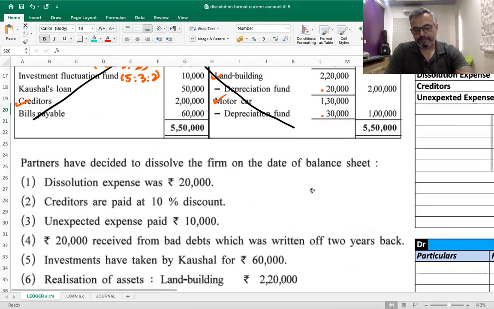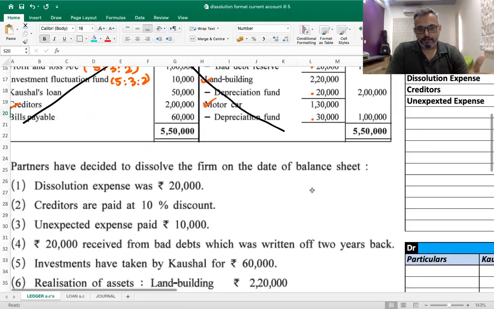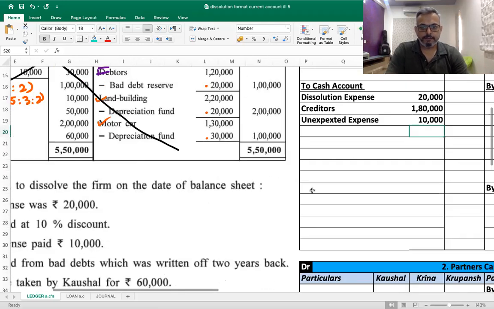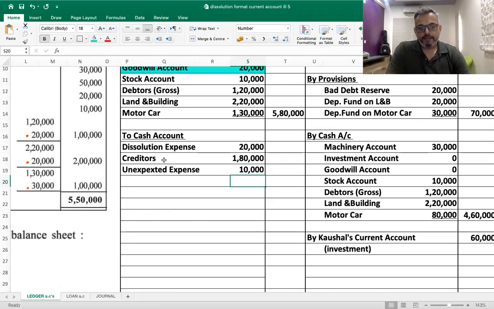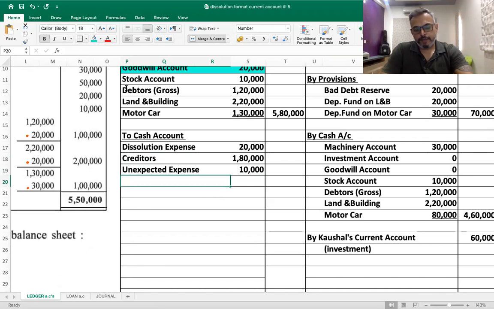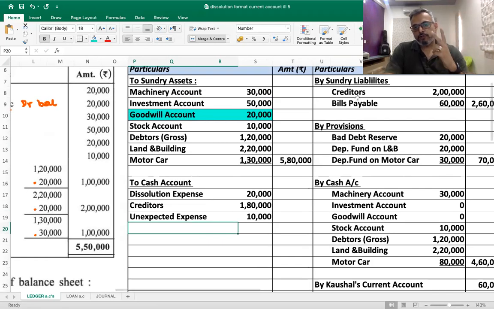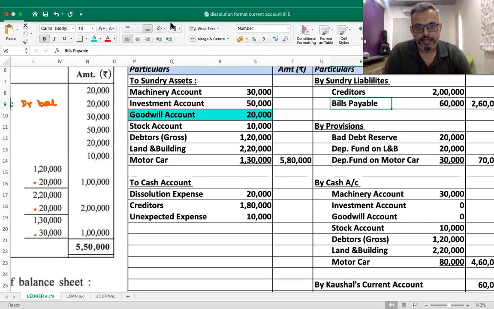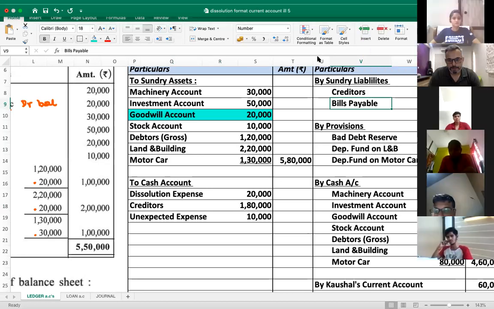पहले अब हम सारा पेमेंट कर लेते हैं, उसके बाद आते हैं जो रिकवर हुआ समथिंग विच वाज अनएक्सपेक्टेड एक्स्ट्राऑर्डिनरी आइटम. नाउ डिसोल्यूशन एक्सपेंस ऑलरेडी दिया है, क्रेडिटर्स ऑलरेडी दिया है. अनएक्सपेक्टेड एक्सपेंस, इसमें ऑलरेडी दिया है कि 10,000 अनएक्सपेक्टेड हमने पे किया. बट लायबिलिटी तो हमारा दो था, क्रेडिटर्स भी था और बिल्स पेएबल भी था. अब बिल्स पेएबल के बारे में कोई भी इंफॉर्मेशन नहीं दिया है, तो क्या हम इसको पे नहीं करेंगे? शुड वी पे और शुड वी नॉट पे?